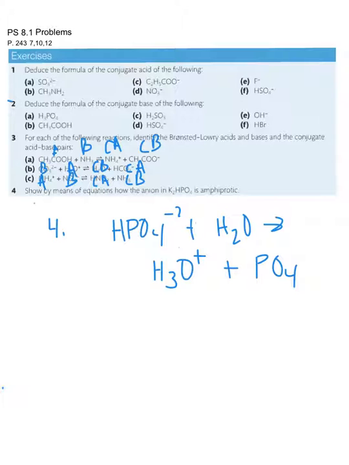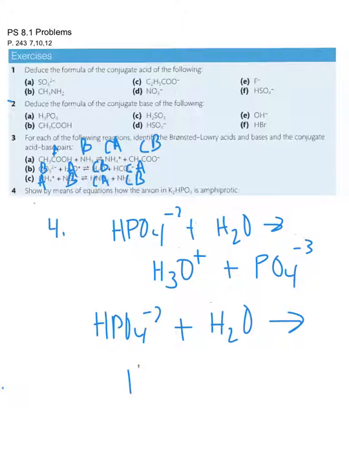So this is going to become PO4 minus 3, or the HPO4 2 minus could be added to the H2O, and it could take the hydrogen and become H2PO4 minus and leave behind the OH minus. So it can both gain and lose the hydrogen, which is what we mean by amphiprotic.